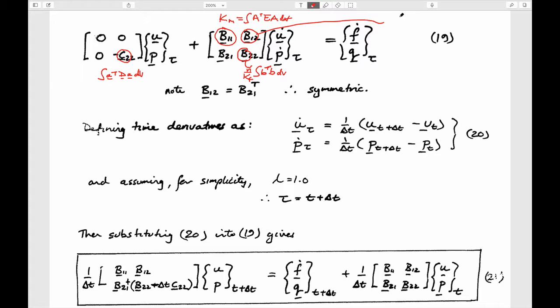They looked something like an integral shape function, a matrix which allowed us to map the terms of effective stress. You remember we defined effective stress as total stress is equal to effective stress plus m times pressure.